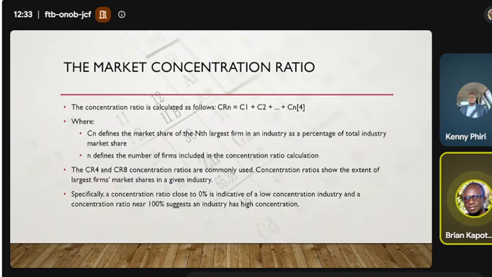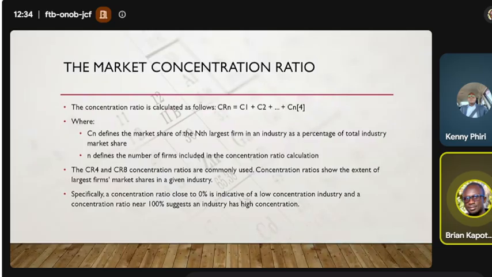So in this particular formula, you want to measure the combined market share of the largest firms in an industry. When you know the percentages, the first thing you do is, like in the example of the 5 that I gave you, you get the 3 highest numbers.